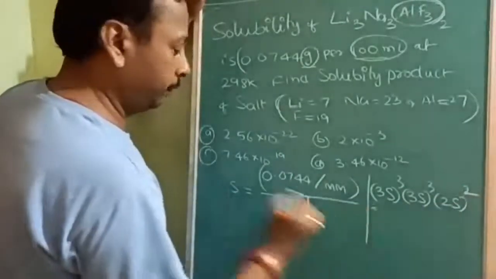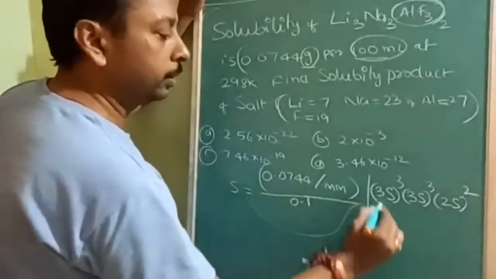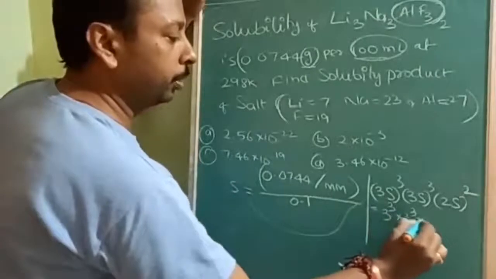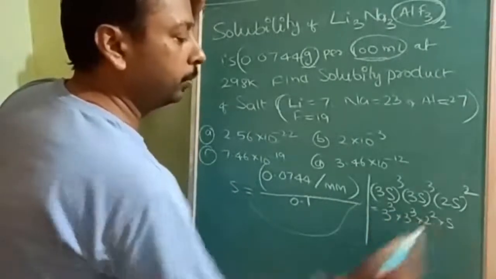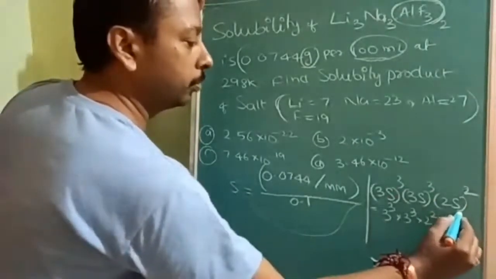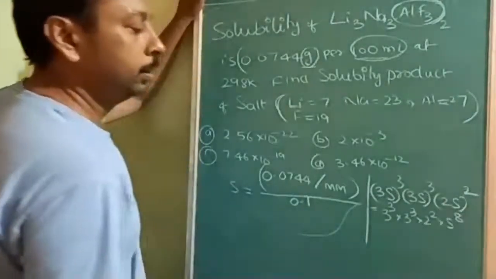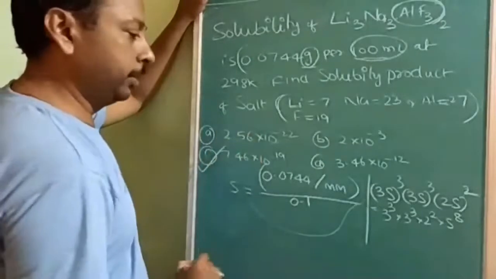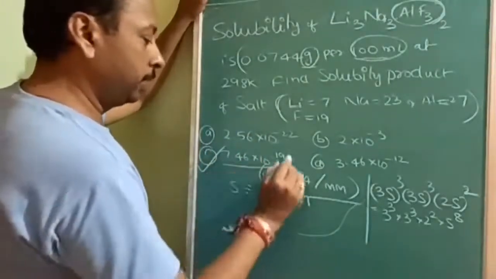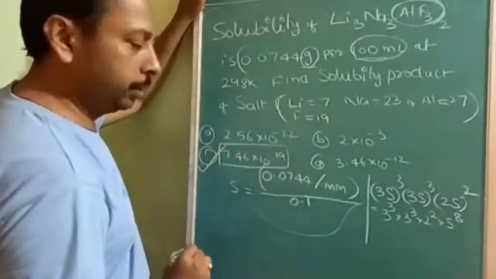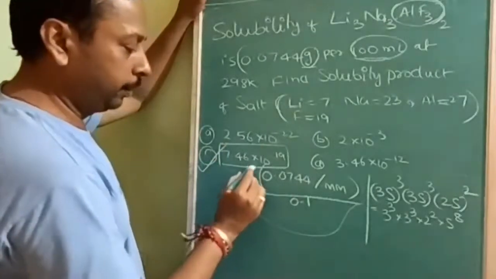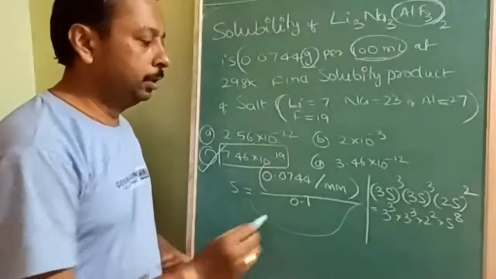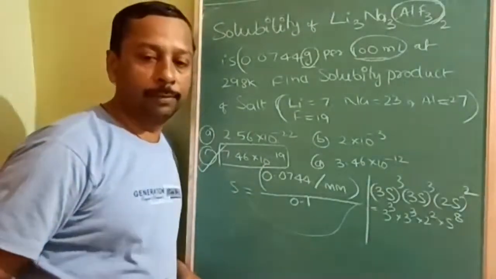Once you get s, you can substitute here. So 3 to the power of 3 into 3 to the power of 3, 2 to the power of 2 into s to the power of 6 plus 2, 8. Then you will get option C as the answer. What is the answer? 7.46 into 10 to the power of minus 19. Is this procedure clear to all of you?